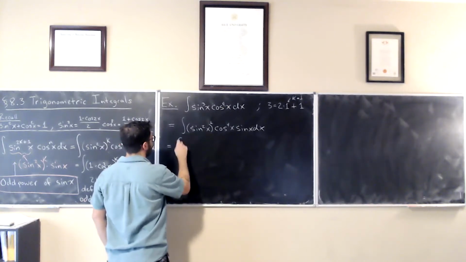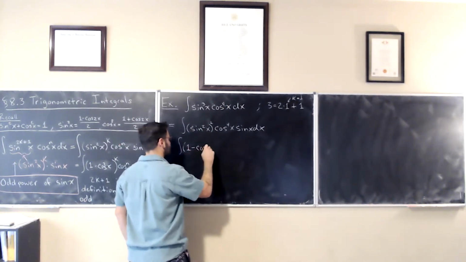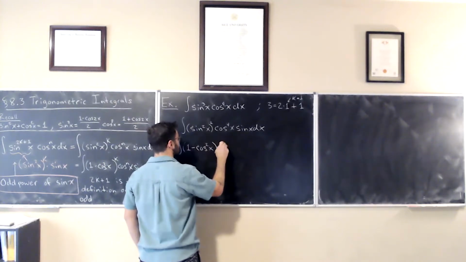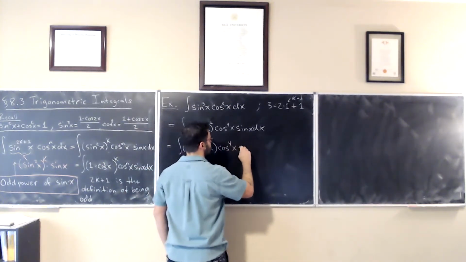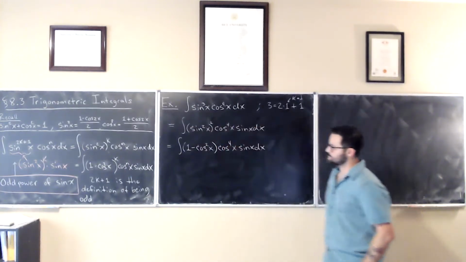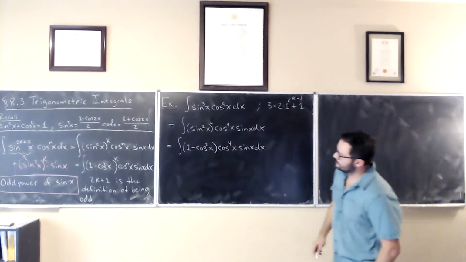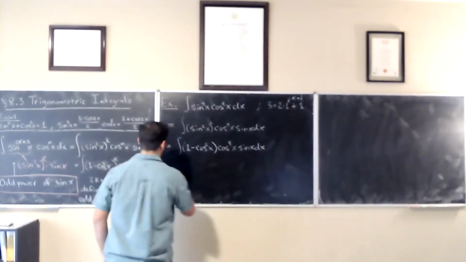And then we still have all the stuff out here. Now what we can do is distribute cosine into this difference.